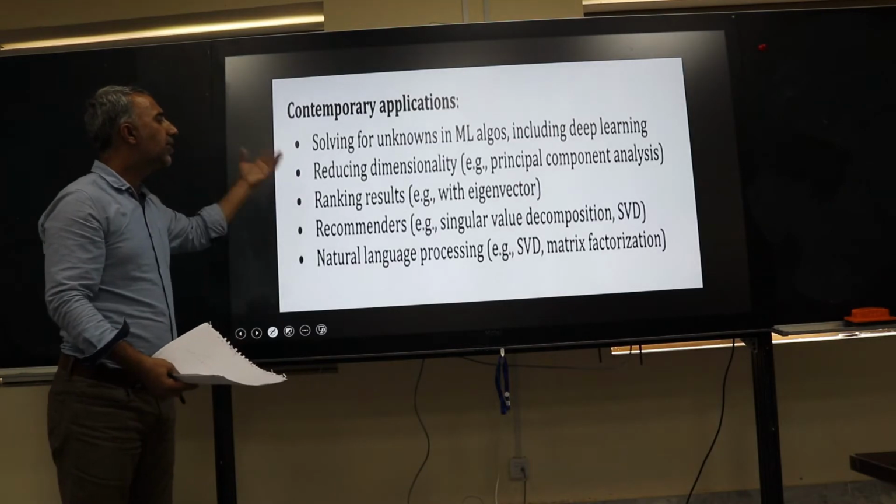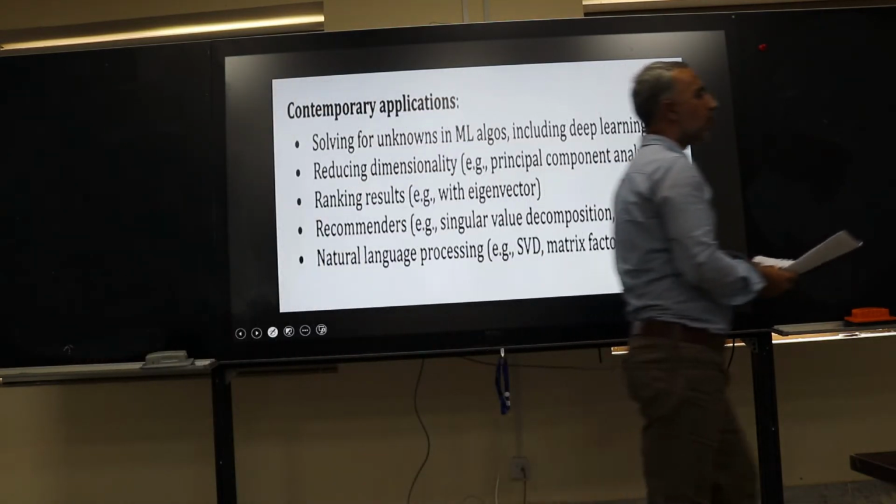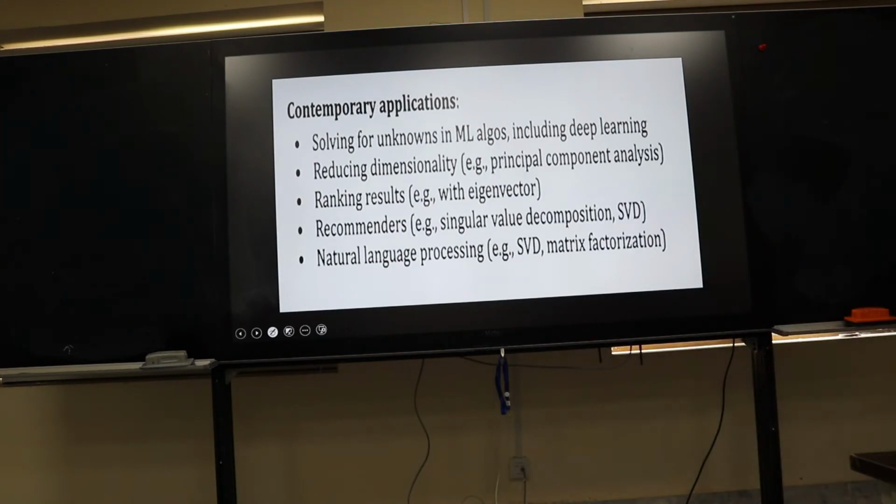There are many contemporary applications in machine learning and deep learning for determining values depending upon parameters. In the previous example I explained that there are certain values of a house, but they depend upon the parameters.